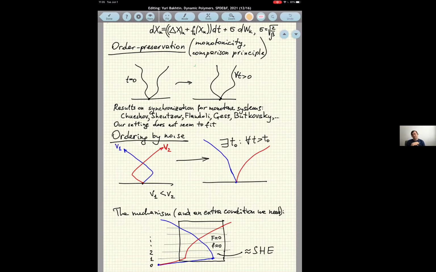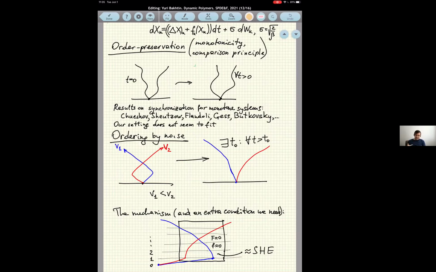And the mechanism that we use for this may be an overkill. I think that this may be true without additional assumptions, but this is what we end up using and imposing as an extra condition. So we require that there are arbitrarily large places in this random landscape that are close to 0. This is true for a broad class of Gaussian potentials or something based on Poissonian point field, shot noise fields.